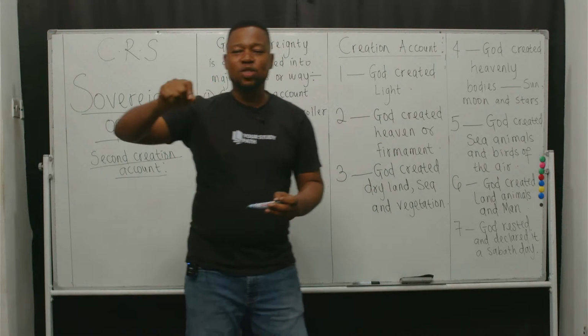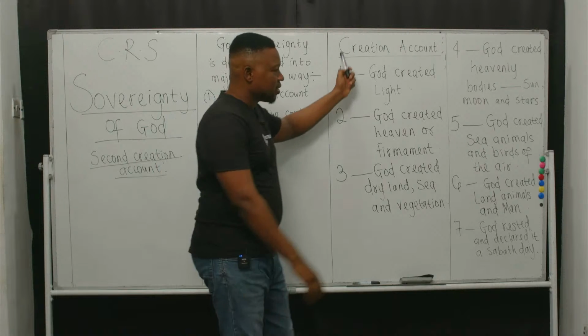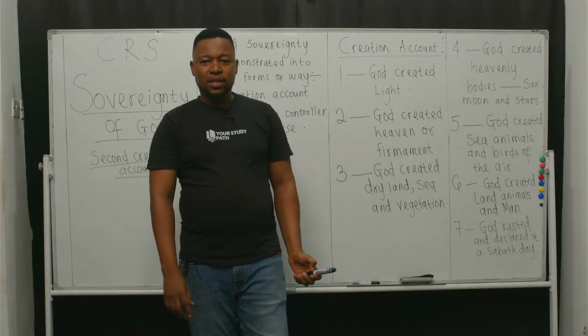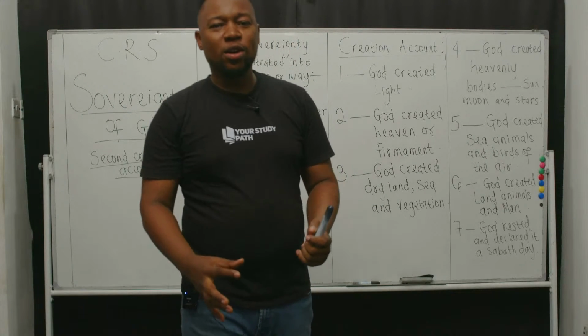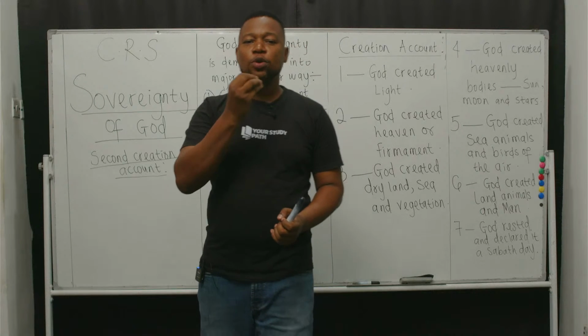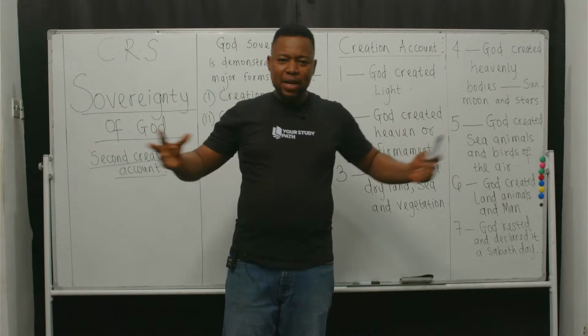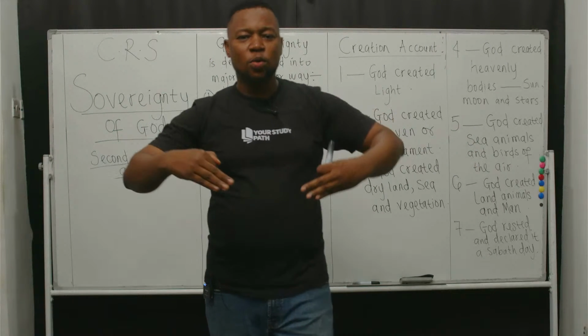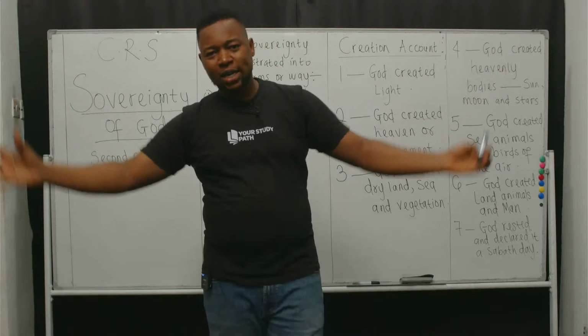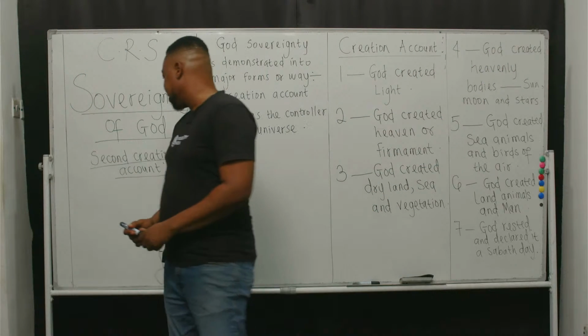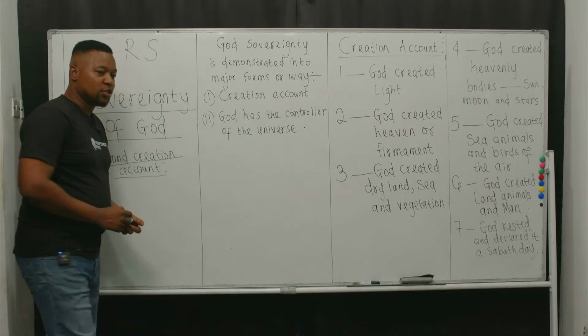What is the exact supremacy of God in the creation account? God created everything through spoken words. That is the exact thing that makes God supreme. No one can do that. Okay, now let's continue.